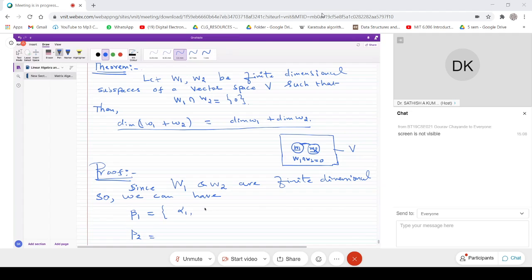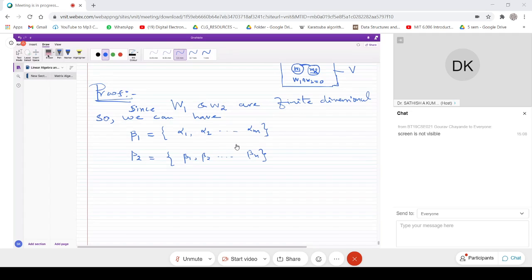Beta 1 we choose as alpha 1, alpha 2, etc., alpha m. And then beta 2 we choose as beta 1, beta 2, etc., beta n. Why use beta? Let us put some other notation here, because inside also we are considering beta. So let us say this is A and this is B.